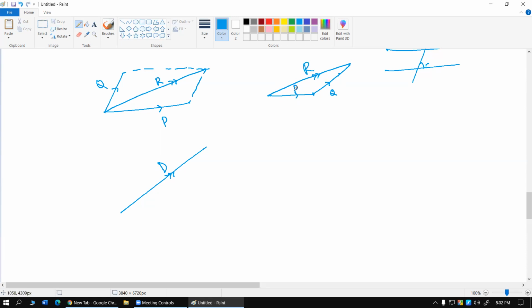Opposite sequence means here the directions of P and Q are like this, so naturally if I completed this triangle this way, it would be our regular sequence. But the R would be available in the opposite sequence, or in other words, you can say the resultant vector from the starting point of the first vector finishes at the end point of the second vector.